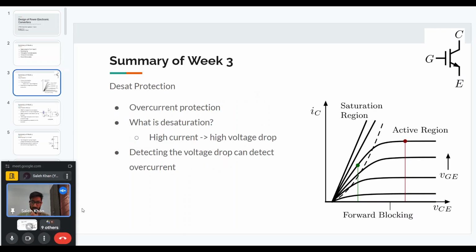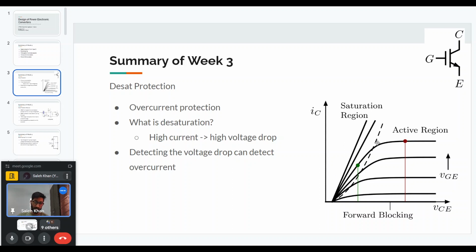So DSAT protection is a type of overcurrent protection, and DSAT is short for desaturation. And what is desaturation? So, for example, if we have an IGBT, which is shown here, and these are the output characteristics of the IGBT.